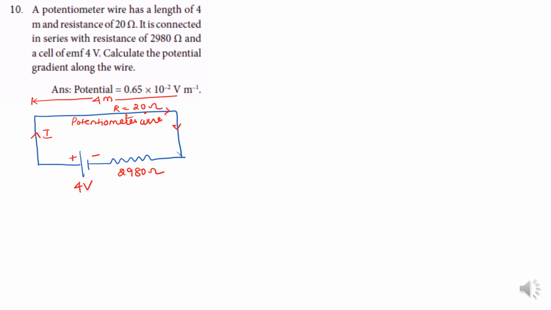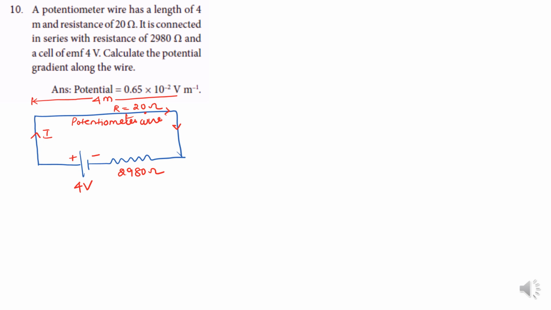Question number 10. A potentiometer wire has a length of 4 meters and a resistance of 20 ohm. It is connected in series with a resistance of 2980 ohm and a cell of EMF of 4 volt. Calculate the potential gradient along the wire. Okay. So the resistance of the potentiometer wire is 20 ohm.